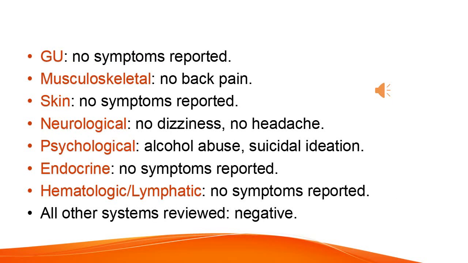GU, no symptoms reported. Musculoskeletal, no back pain. Skin, no symptoms reported. Neurological, no dizziness, no headache. Psychological, alcohol abuse, suicidal ideation. Endocrine, no symptoms reported. Hematologic/lymphatic, no symptoms reported. All other systems reviewed, negative.